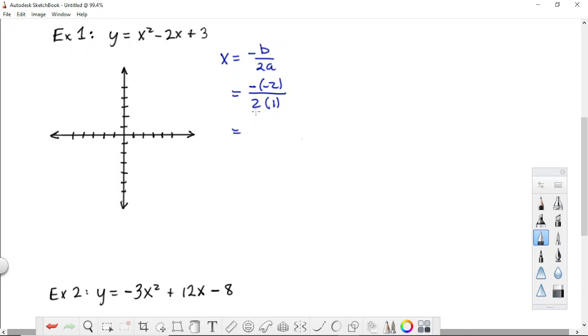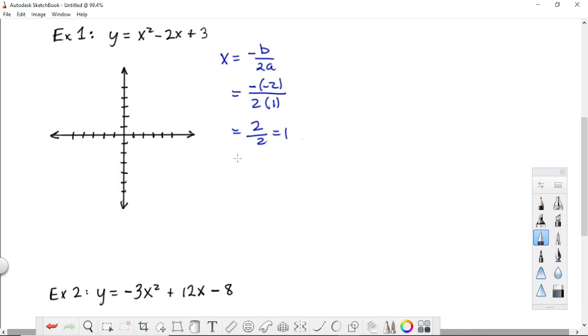So we just calculate this. The numerator is negative of negative, so that's just positive 2, and it's over 2, so that is 1. That's the x-coordinate of the vertex. The y-coordinate of the vertex is the y value when x is 1.